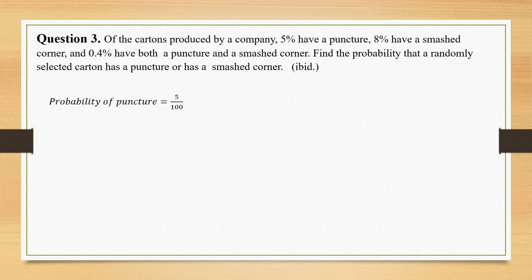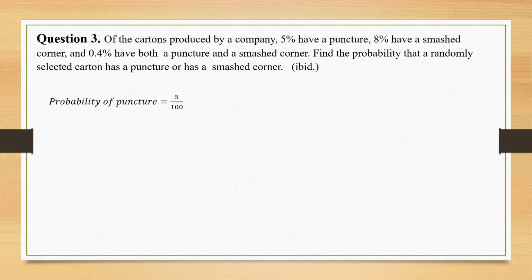For example, of the curtains produced by a company, 5% have punctures, 8% have smashed corners, and 0.4% have both a puncture and a smashed corner. Find the probability that a randomly selected curtain has a puncture or has a smashed corner.